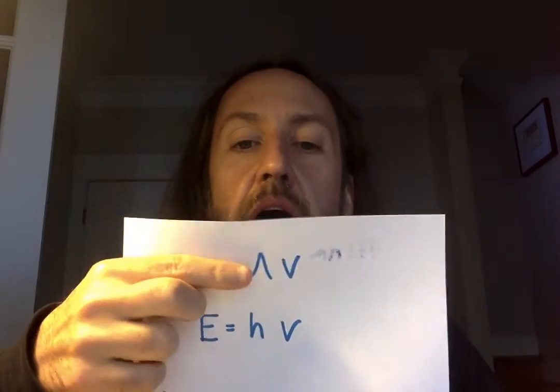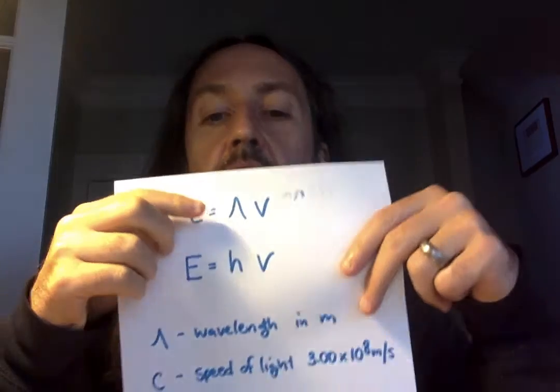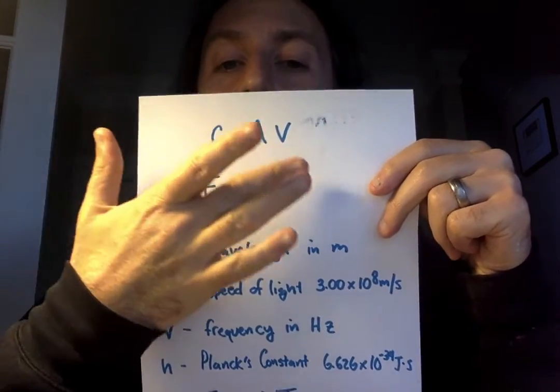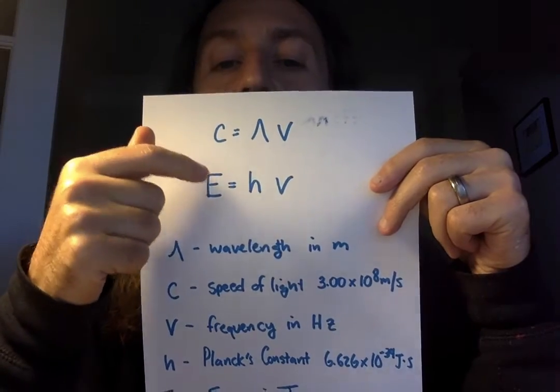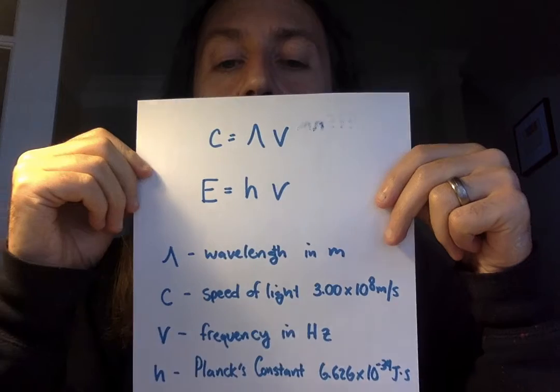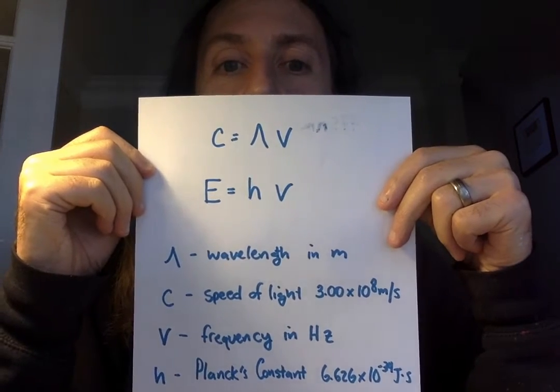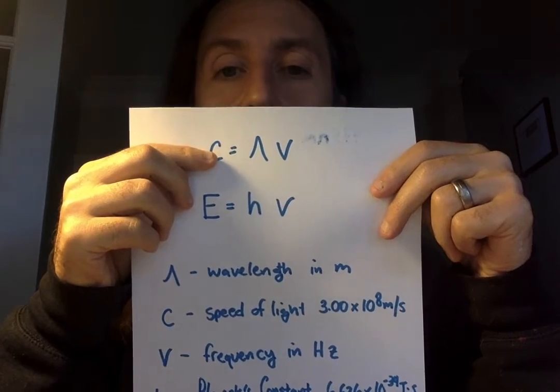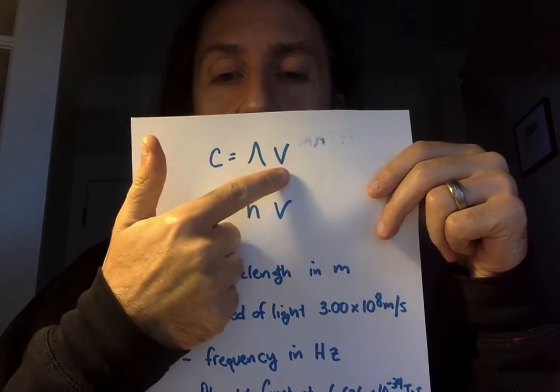So we have here some variables that, essentially, if you have a combination of these variables, you can move the equations around to find any other part of it, okay? So this one relates the wavelength and the frequency. When things move in a wave, you've seen this before, it's kind of like peaks and troughs.